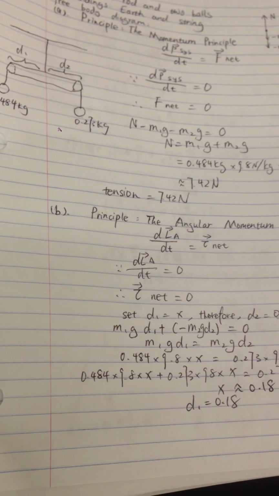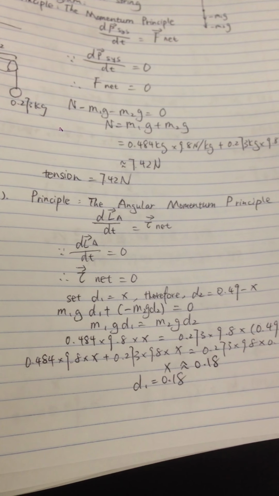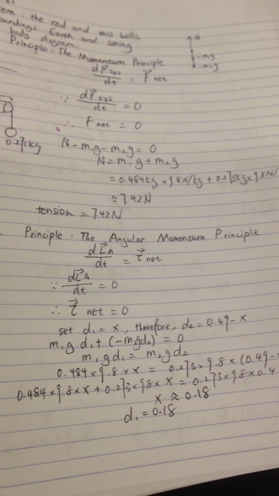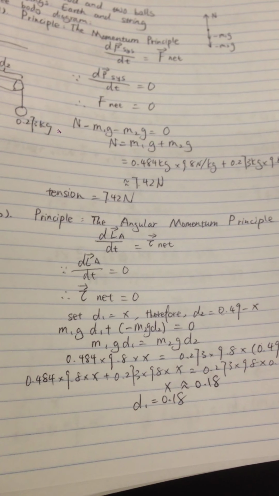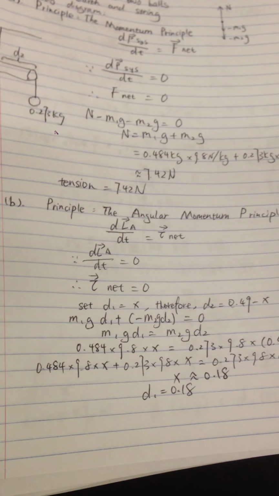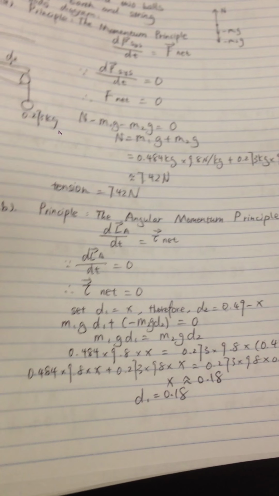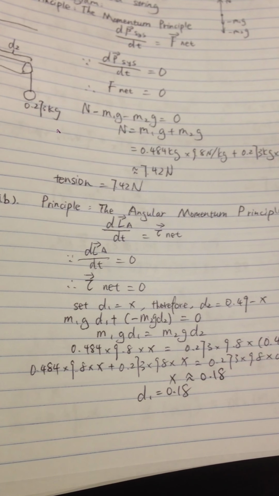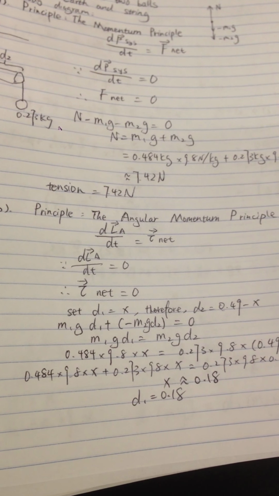If we set d1 equal to x and d2 equal to the length of the rod minus x, we can write down the equation that calculates the net torque of the whole system, which is m1g d1 plus m2g d2 equals 0.